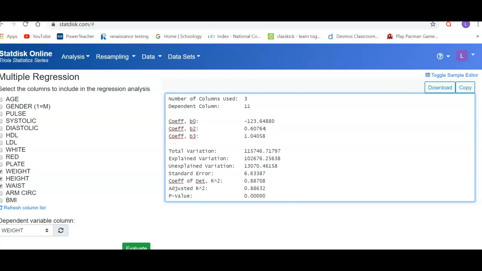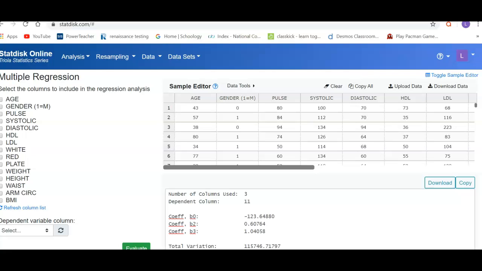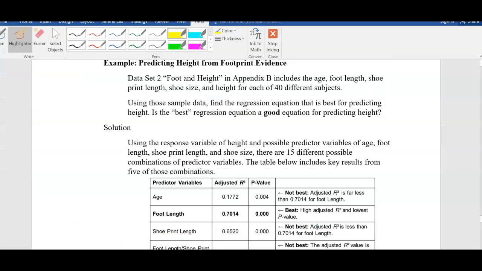We're going to go to data sets, and we're going to body data. This is what we're looking at. All right, let's go back. Now, we look at our predictors, and if we put in age only, we get an R value of, let me show you what that's doing.